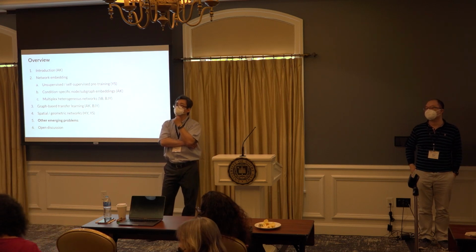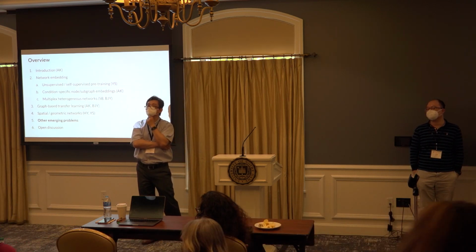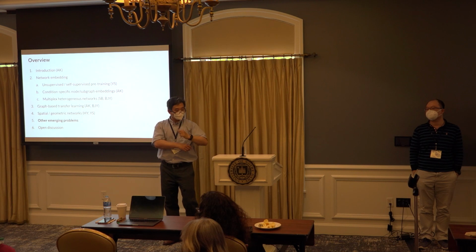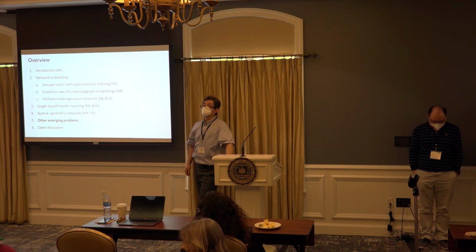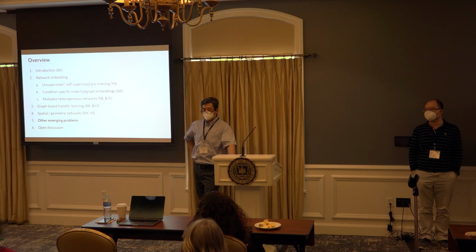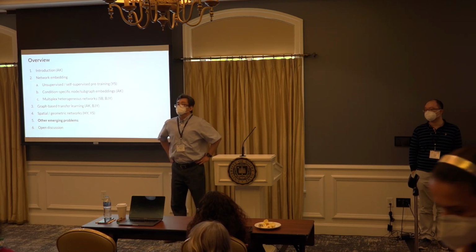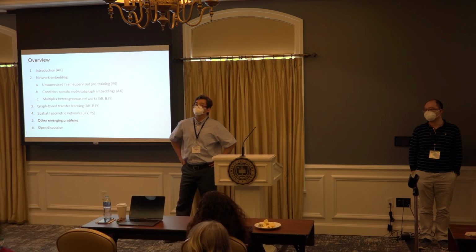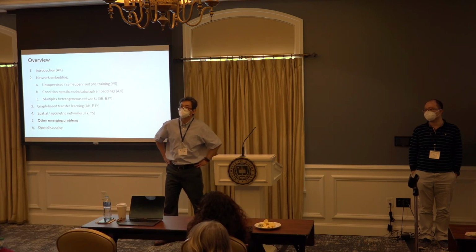Hi. I was interested in the connection between the spatial geometric network section and the network embedding section. Network embedding is about starting with a network and embedding it in some space that's convenient for further machine learning. But with the spatial geometric setting, you actually start in a convenient space, the actual physical space.